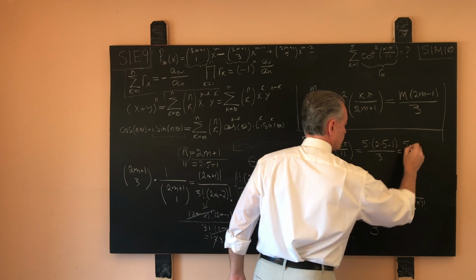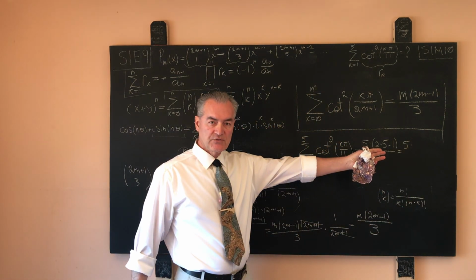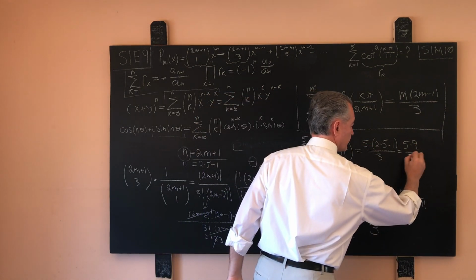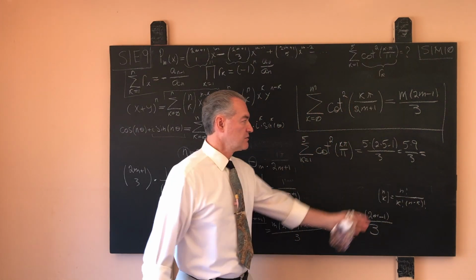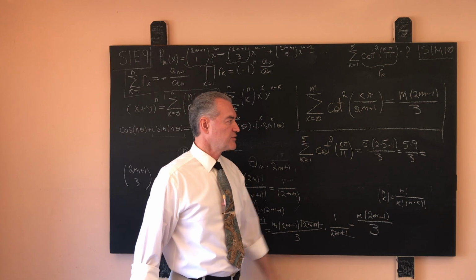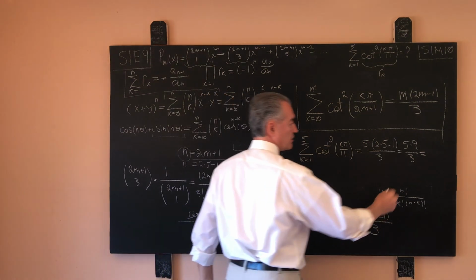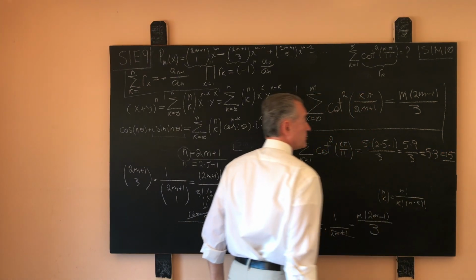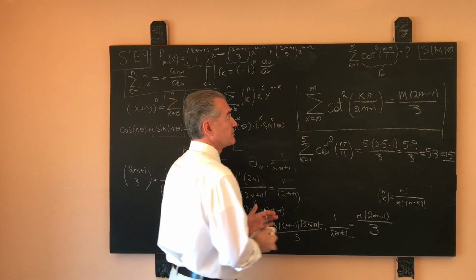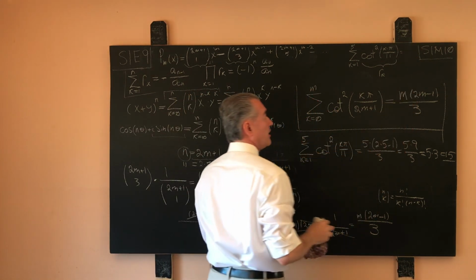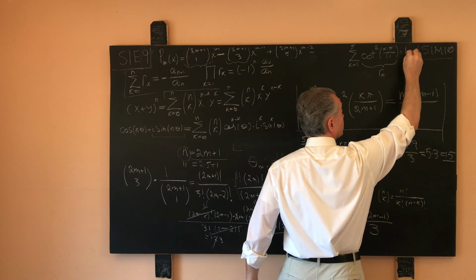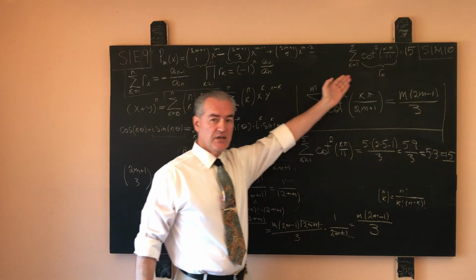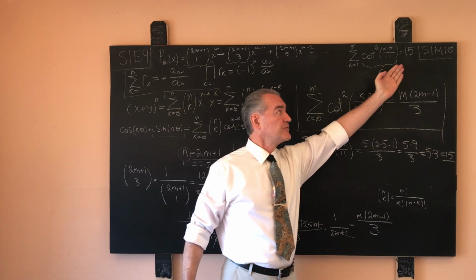That will be what? 5 times 2 times 5 is 10. 10 minus 1 is 9. So 5 times 9 over 3. And that will be what? 3 and 3 that's packed into 9 cancel each other out. 5 times 3 equals 15. And we now can erase this question mark over here and confidently claim that the synonym for this real number that is encoded into this finite sum is also 15.